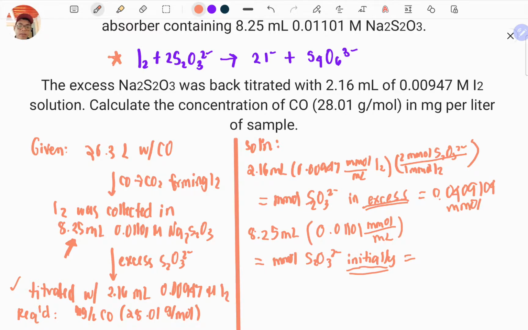So that amount of millimoles of thiosulfate was made to react with the iodine evolving from our analyte reaction. And the unused iodine was measured in a titration with this step of the problem. So initially we had 8.25 times 0.01101, that's 0.0908325.